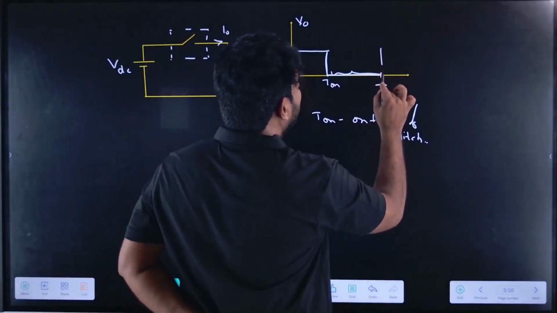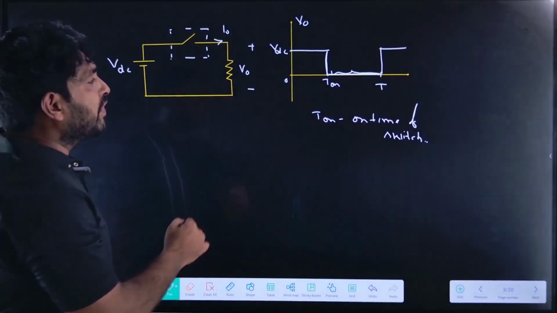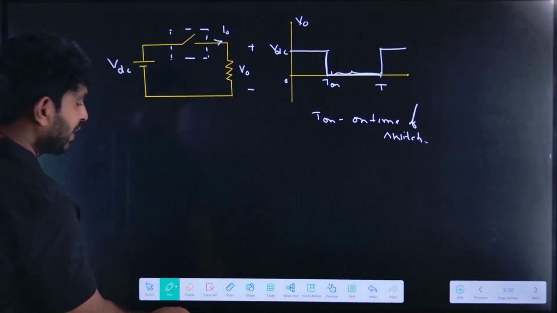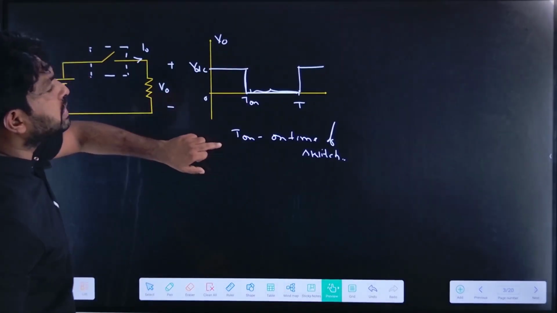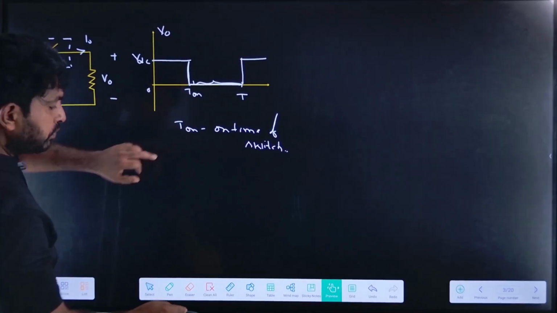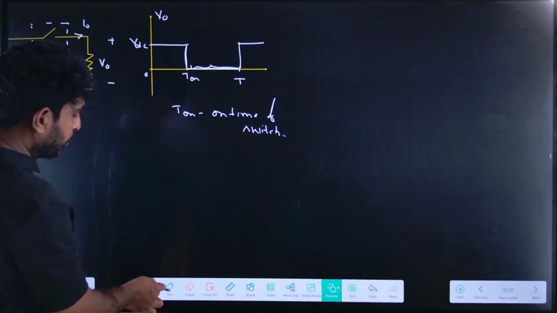It is a cycle, it repeats, right? So if I want to find the average output voltage for this waveform, how could I find it?